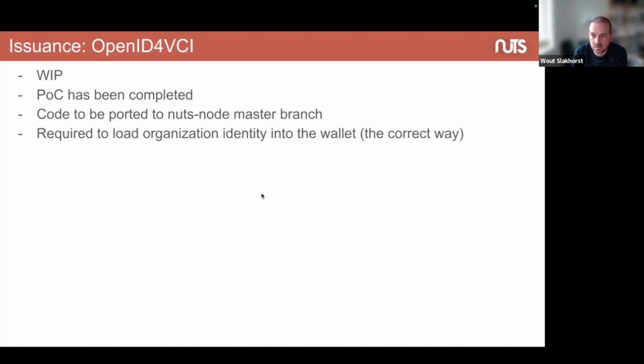And if you have seen the mid-scale NUTS demo, you see what is happening. So the user will be transported to some kind of portal. There they log in with e-herkenning, for example. Then they will approve issuing of the credential, and the credential will actually be automatically loaded into the organization wallet, which is in the NUTS node.